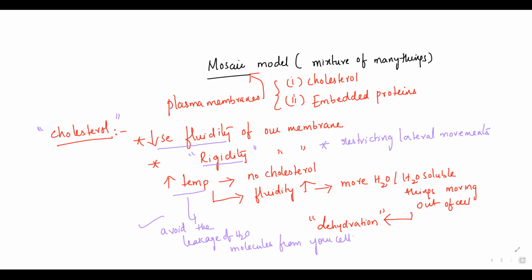Next, I'll be talking about the embedded proteins. There are different types of embedded proteins here, children. Amongst them, what I would like to cover first is the ion channels. So if you remember, in the videos that I have made about the transport of molecules across the cell membrane, I was talking about these ion channels. I was talking about the sodium potassium pump.